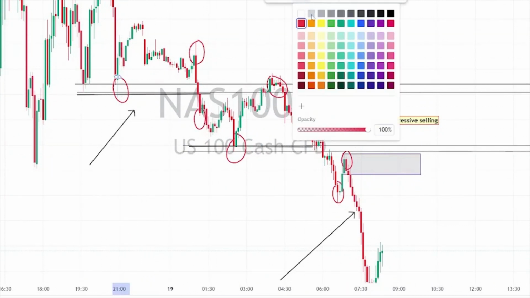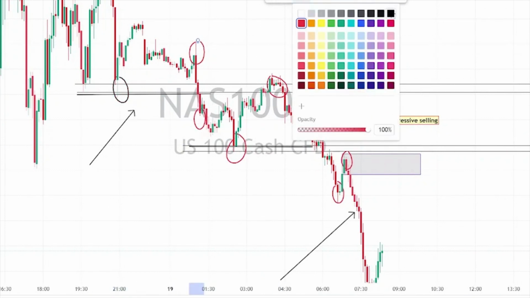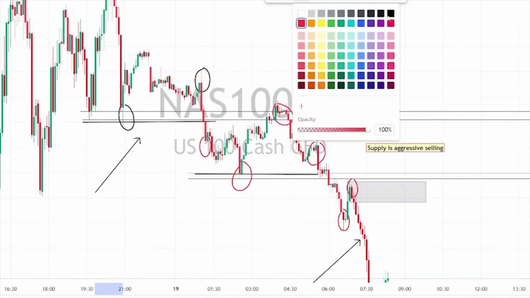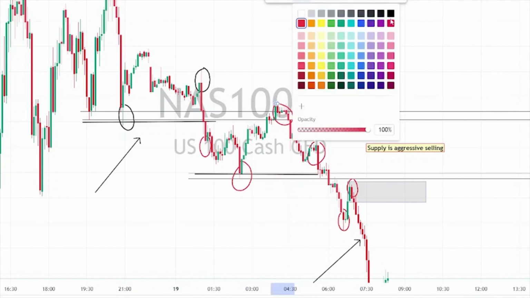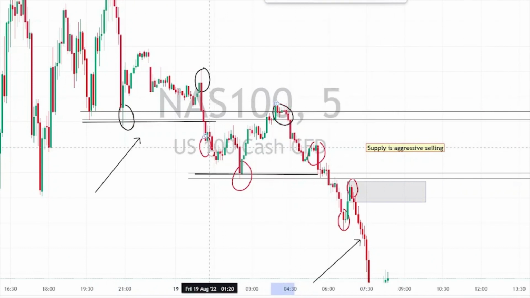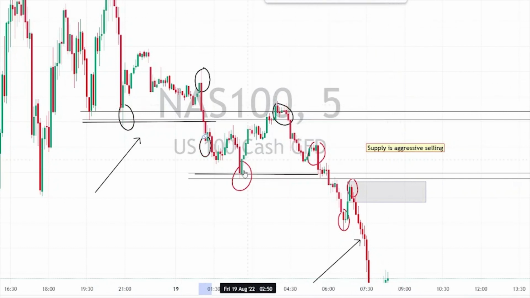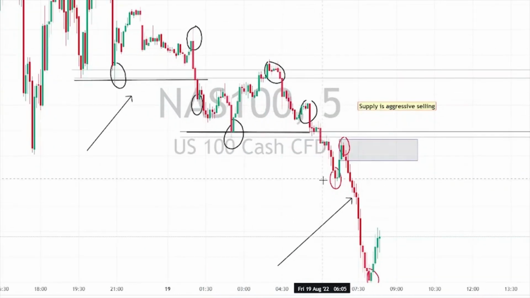I'm just going to change this to black to make it more colorful for you to understand. So if we are in a downtrend, if we're making lower highs and lower lows, or the market is breaking structures to the downside, that means we are in a downtrend.